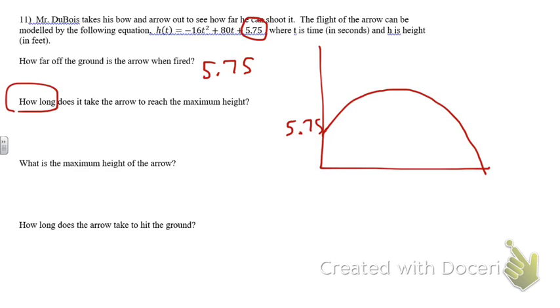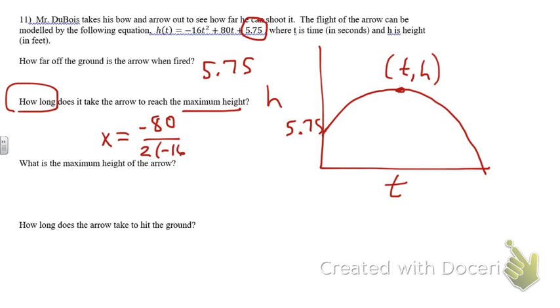How long does it take to reach the maximum? So this is time and this is height. So how long does it take? I need to find the vertex, and I'm talking about the x-coordinate of the vertex. So negative b over 2a, and negative 80 over 32.